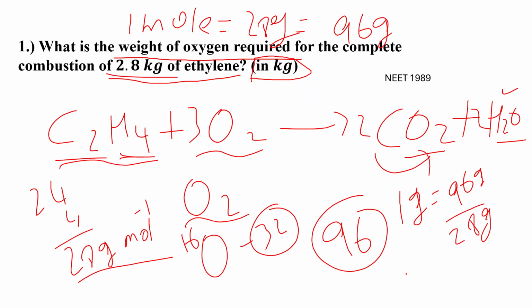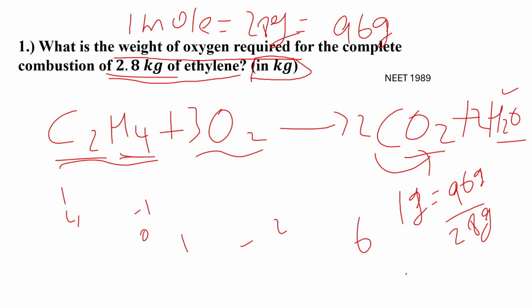I am erasing some part of this slide to write. So 2.8 kilogram multiplied by 1000 is the gram value. Multiplied by 1000, it will give 2800 gram.